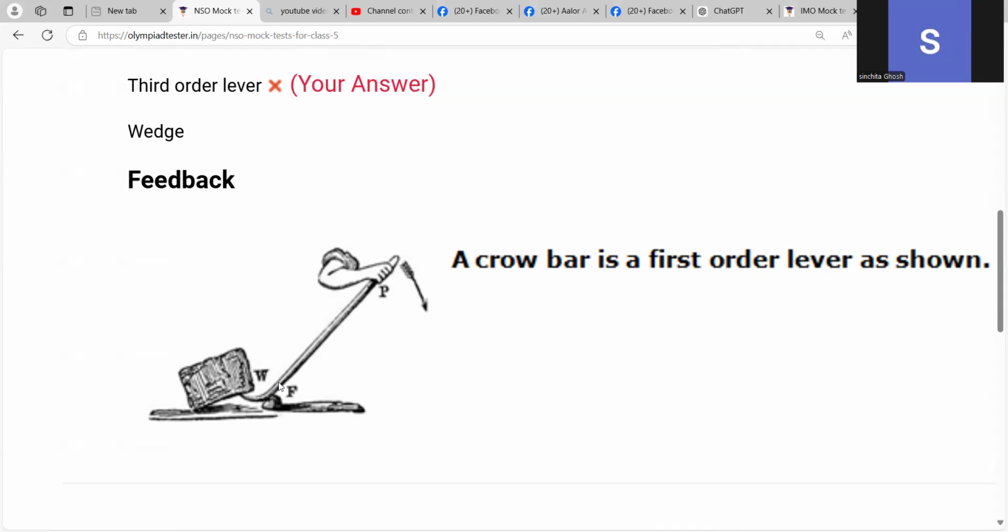F is the fulcrum. P is the pressure applied. And W is the workload that I already told you all. So, this is the first class lever. Why? Because here it is the pressure applied, here is the fulcrum, and here is the W.